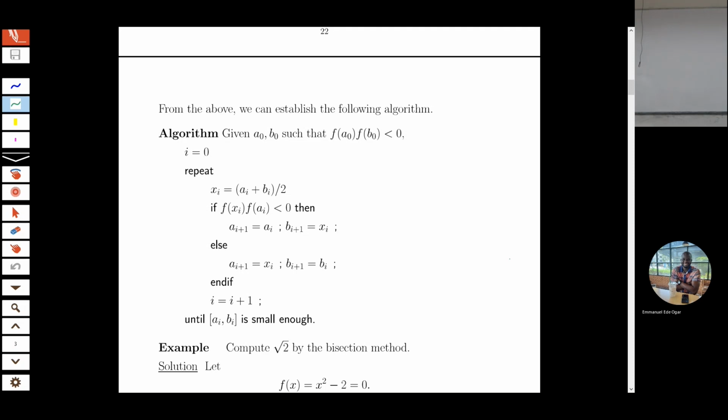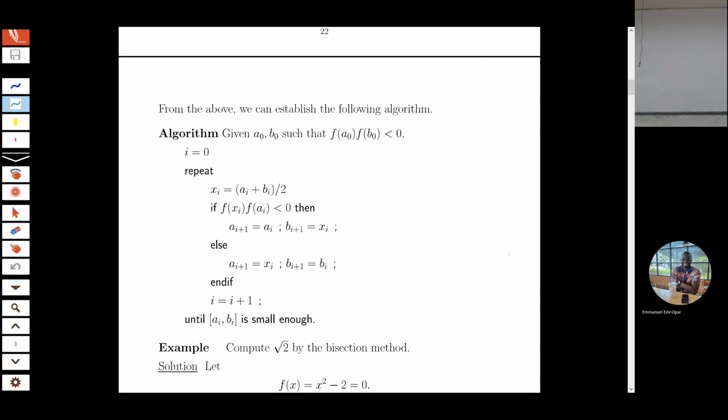So here in the algorithm, we are given A naught and B naught. That means to start the bisection method, you have to start with an interval A naught and B naught for which F A naught has a different sign from F B naught. How can we check this?